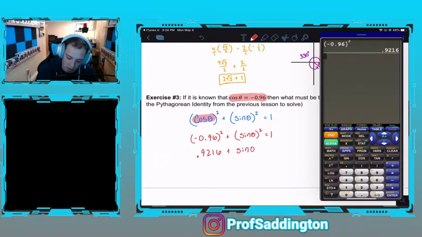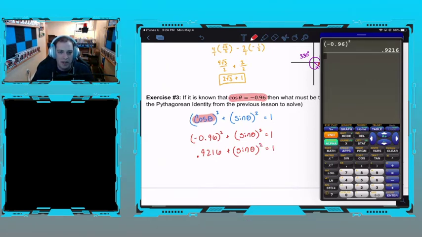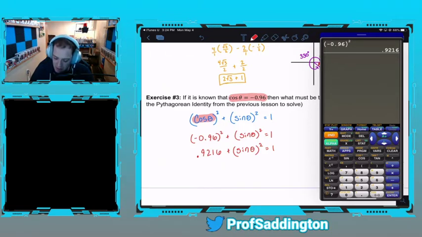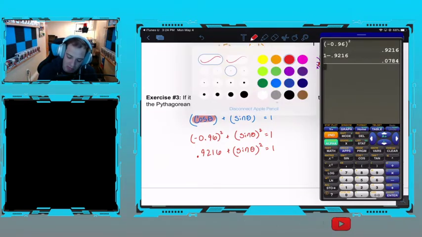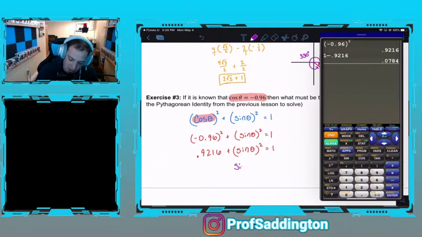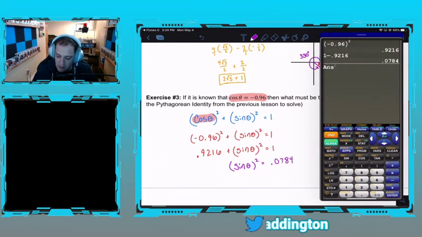And now our goal is to get the sine all by itself. So I'm going to subtract that 0.9216 over to the other side, and I'm getting 0.0784. So I have sine theta squared is equal to 0.0784. And then the last step, in order to get sine theta all by itself, we have to square root both sides.